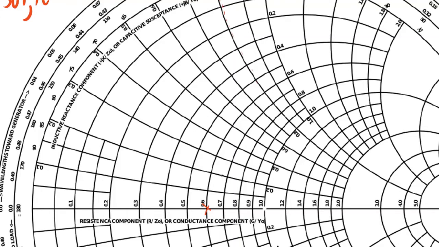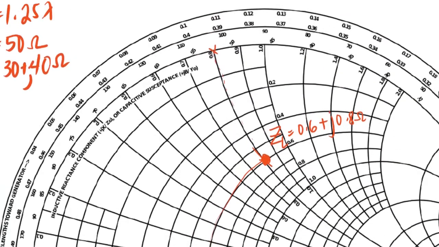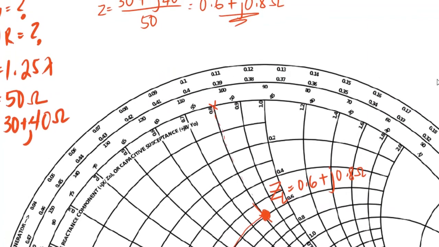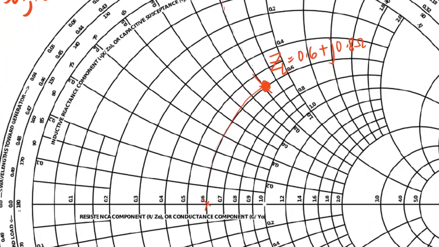This is where they intersect. So, our normalized ZL is 0.6 plus j0.8, and that is where it is located.